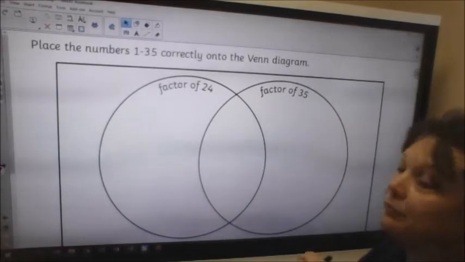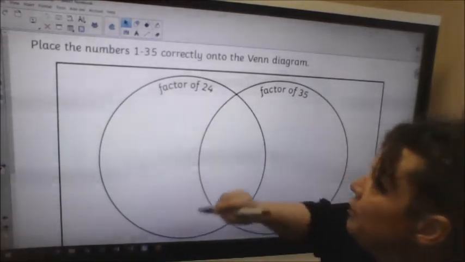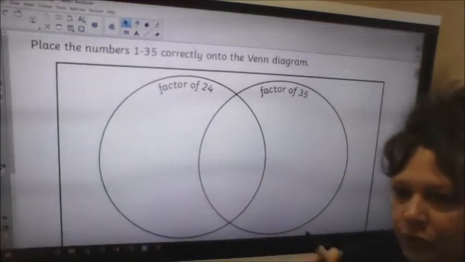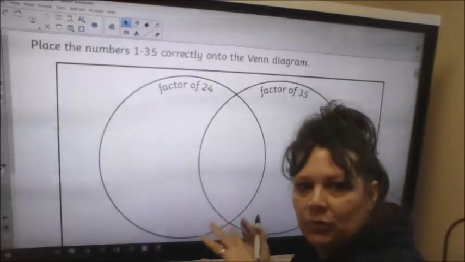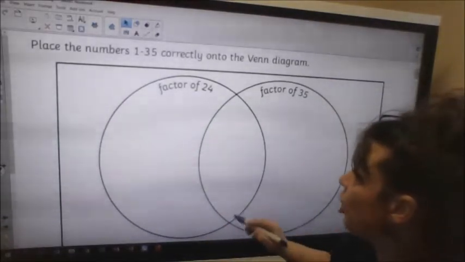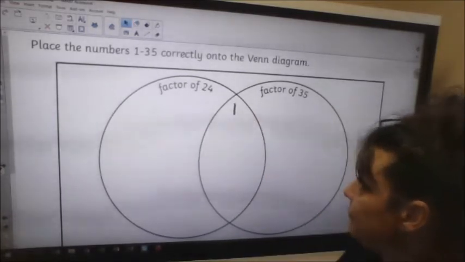So first thing, I can put my numbers around the outside. Well, no, I won't. We'll just go through them because I think we'll end up with numbers everywhere and we'll get confusing. So start with the number 1. So number 1 is a factor of 24 and 35, so it go in there.